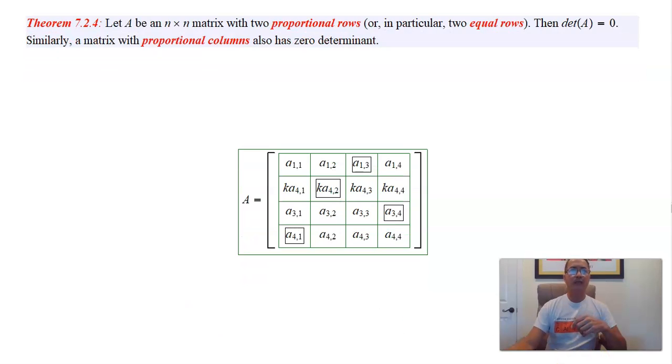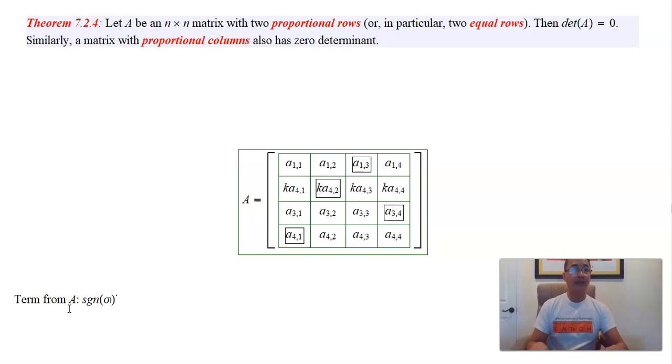Okay, so why is this true? What's going on in this matrix? I see a K over here, and that's K4,1, K4,2, K4,3, K4,4. Aha! So row 2 is proportional to row 4. So what is the term that we will get from A?